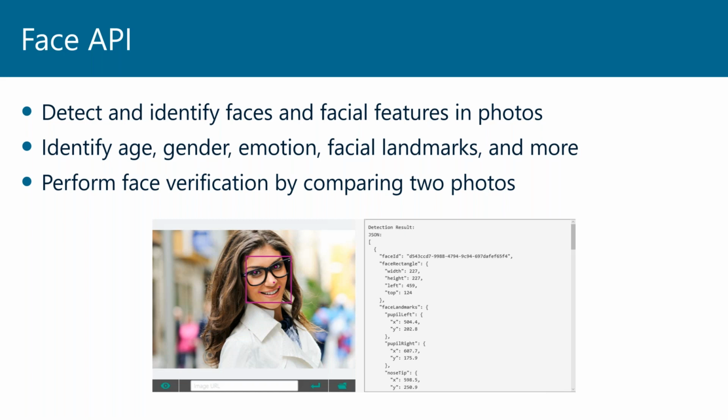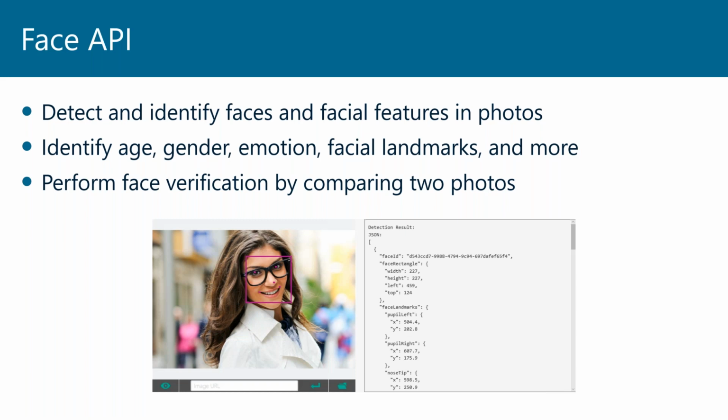Maybe there are 100 people that work in the building you work in, and you want to build a security system that will unlock the door only if they are one of the people that work for your group. You could train a face database with a few pictures of each of the 100 people, then have them stand in front of a camera outside the building, take that photo, call into the Face API and say, does the person in this photo, does this face match any of the faces in the database?